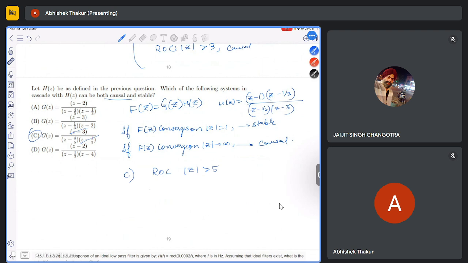Because here our F(z) will be (z minus 1) divided by (z minus 4/5)(z minus 1/2). So the ROC will be, sorry, it is 4/5.